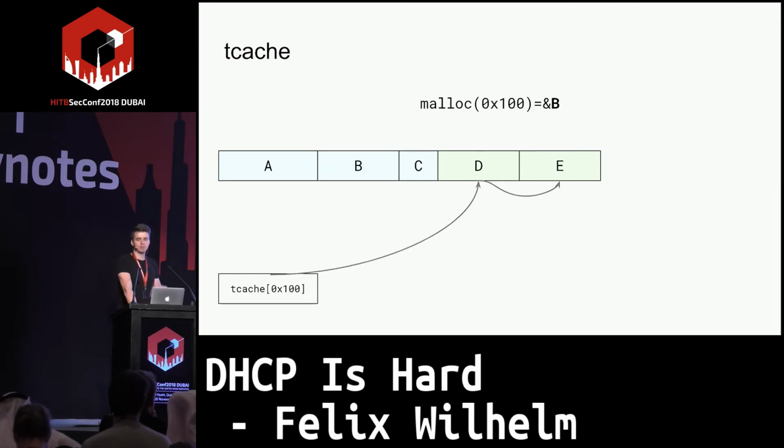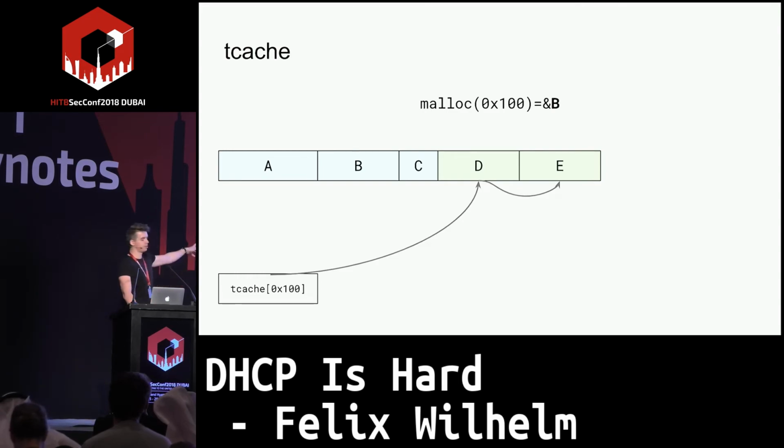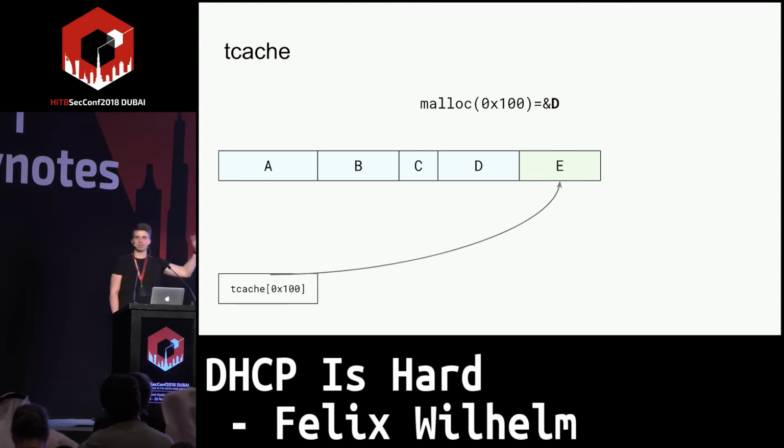If you allocate a buffer with the correct size, it will return the address of the B buffer, and the linked list will change. Now the pointer points to D instead of B. If we do it another time, of course we get D back, and now it points to E. So pretty simple, nothing spectacular.